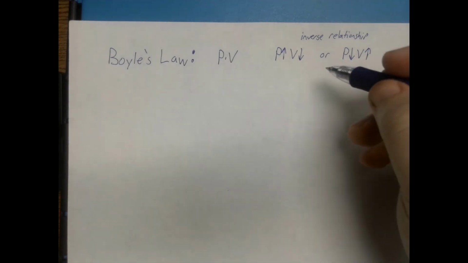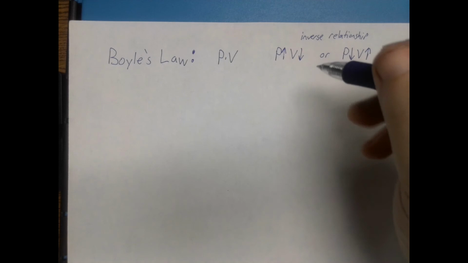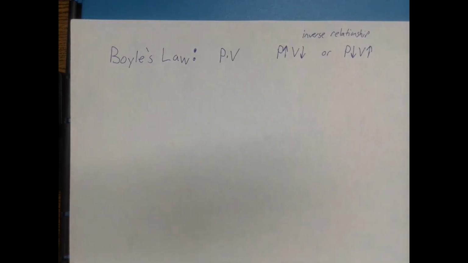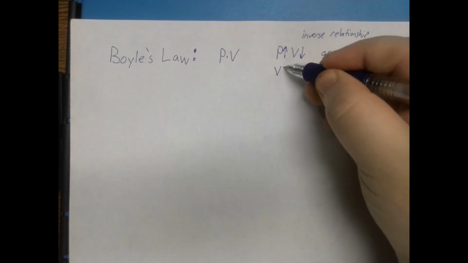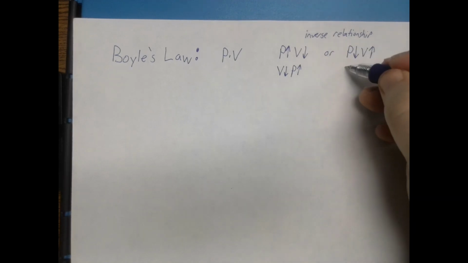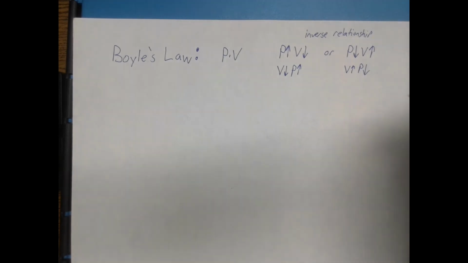Hold on. Is this correct? As pressure goes up, yeah. Another way of saying this is as volume goes down, pressure must go up, or as volume goes up, pressure must go down.